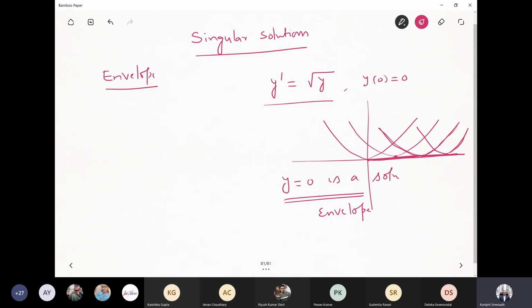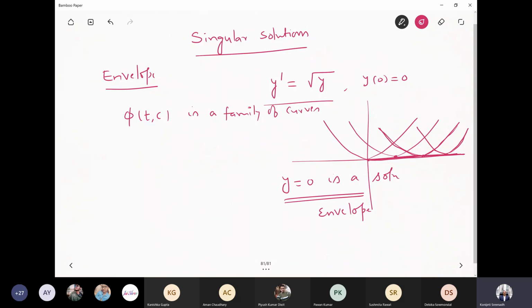It's called envelope. How does one obtain this envelope? It is for a family of curves. So I call phi(t, c) a family of curves.